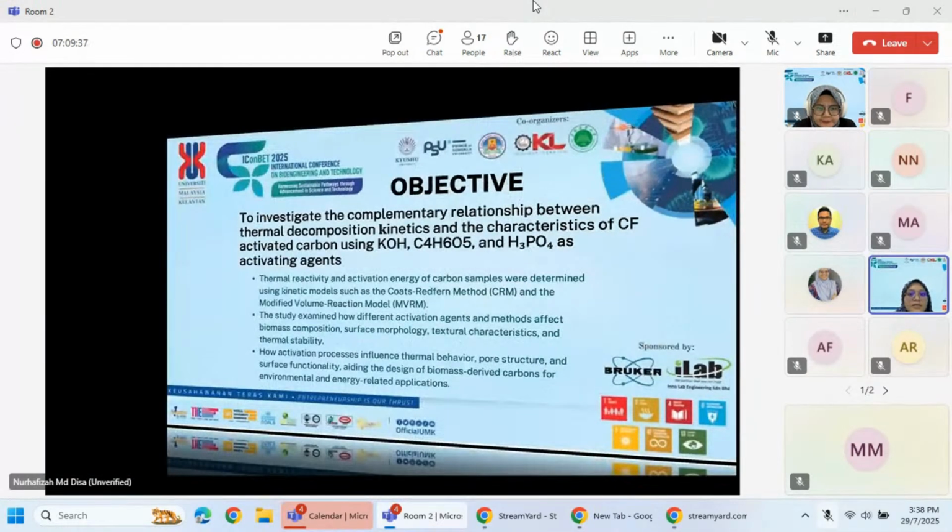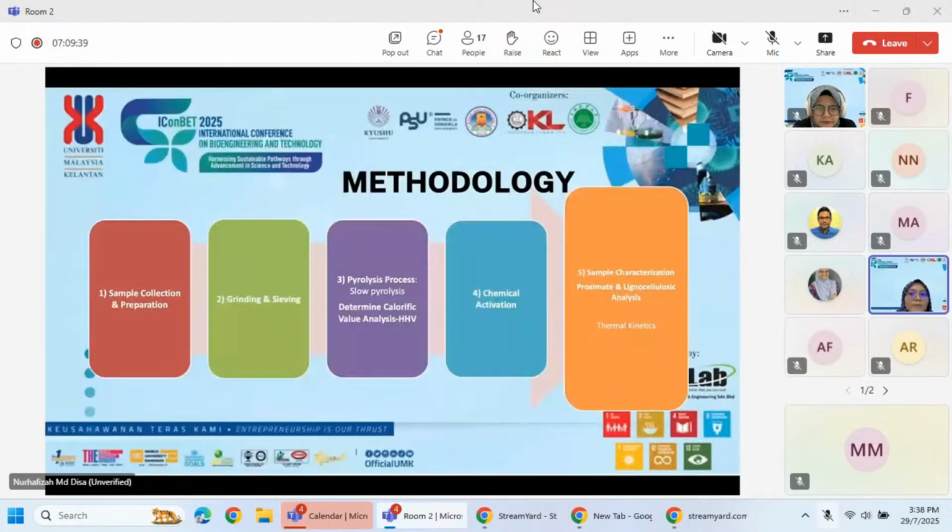And this is the methodology to complete the objective. The first one is the sample collection and preparation. Basically, for coconut fronds, we collected them from the local area and chopped them into sizes of 3 to 5 centimeters before drying them in the oven overnight at 105 degrees Celsius to remove the excess moisture content.